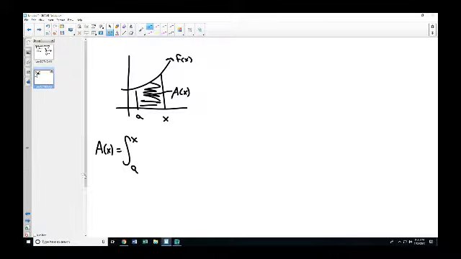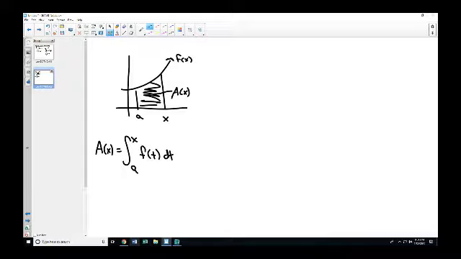Okay, so the area equals, and then here's where some people get confused a little bit. Why is it t? I don't want to go into it, but just trust me.